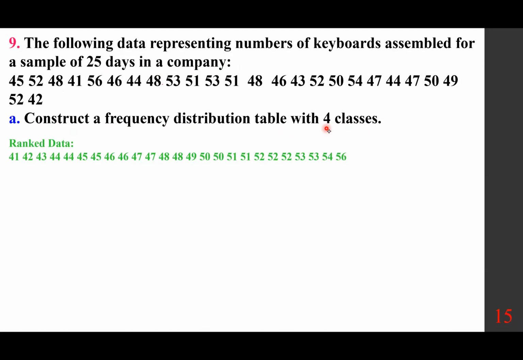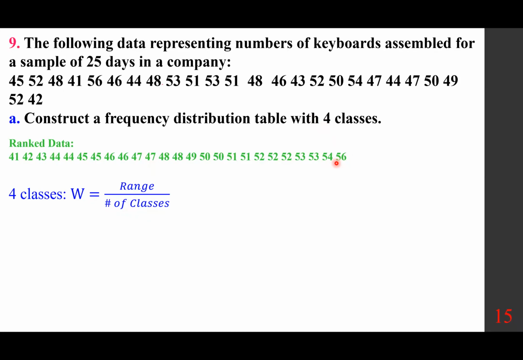We want to know what should the width be if we want so many classes, 4 classes, 5 classes, 10 classes. Normally you choose on your own. For the sake of this example, I'm choosing it for you. So the width is range over the number of classes, and of course you're going to round up to be on the safe side, and I'll tell you why we round up in a moment.